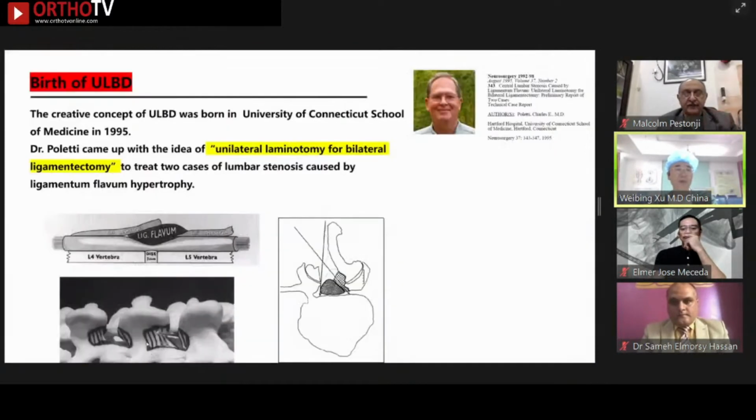First, let's talk about the birth of the ULBD. In 1995, American doctor Poletti came out with the idea of unilateral laminotomy for bilateral ligamentectomy to treat 2 cases of lumbar stenosis caused by ligamentum flavum hypertrophy.